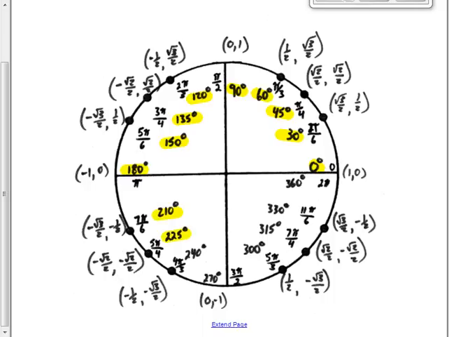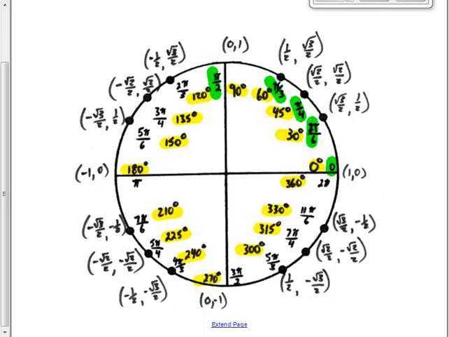Keep going and I end up with all of these degree measurements around the circle until I get back to the beginning, which is 360. With the same things in radians, I start again at 0, then go up to pi over 6, pi over 4, pi over 3, and then pi over 2, which we had already talked about at 90 degrees.